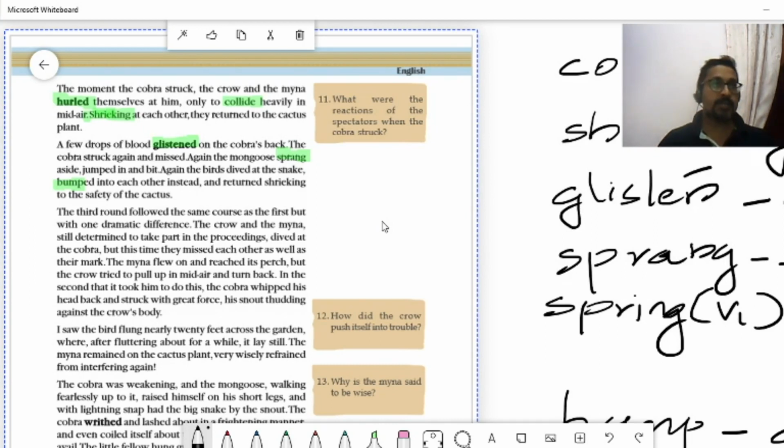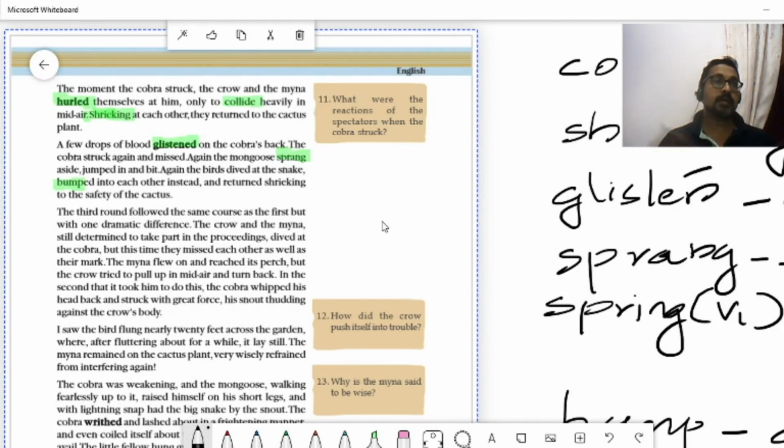So 3 persons were together trying to attack cobra. Crow and myna have a secondary role, but the primary role is for mongoose. Again, they tried to attack cobra.